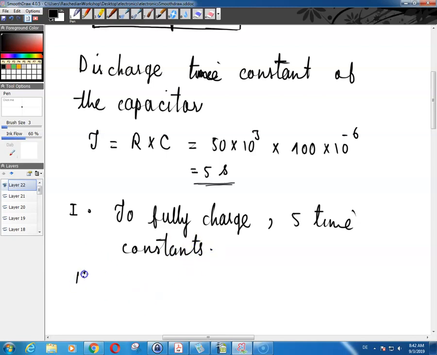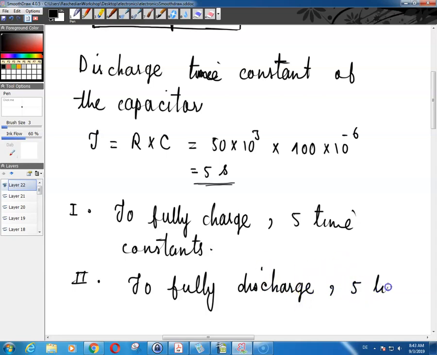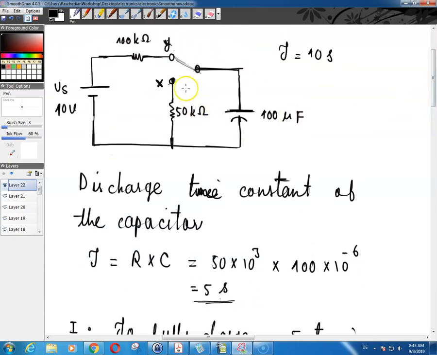Now, in the second part, to fully discharge the capacitor, you need another 5 time constants, but using the new time constant that we calculated, because now the resistor has changed.